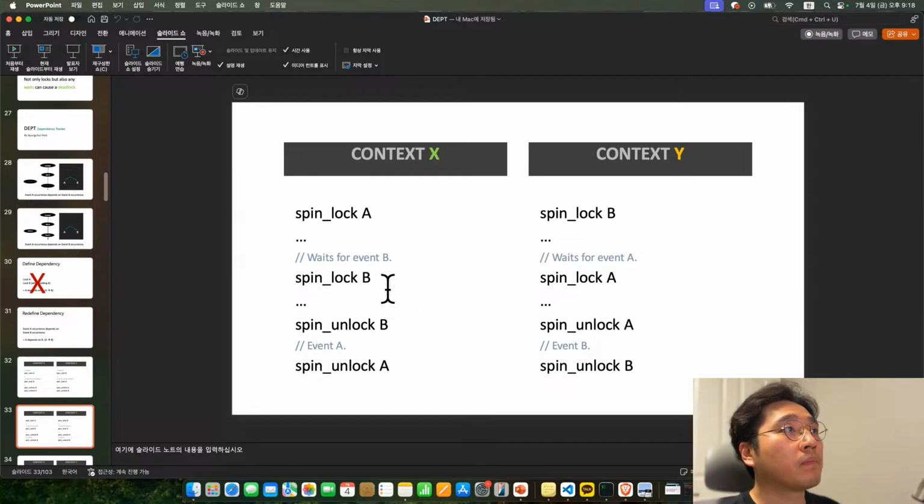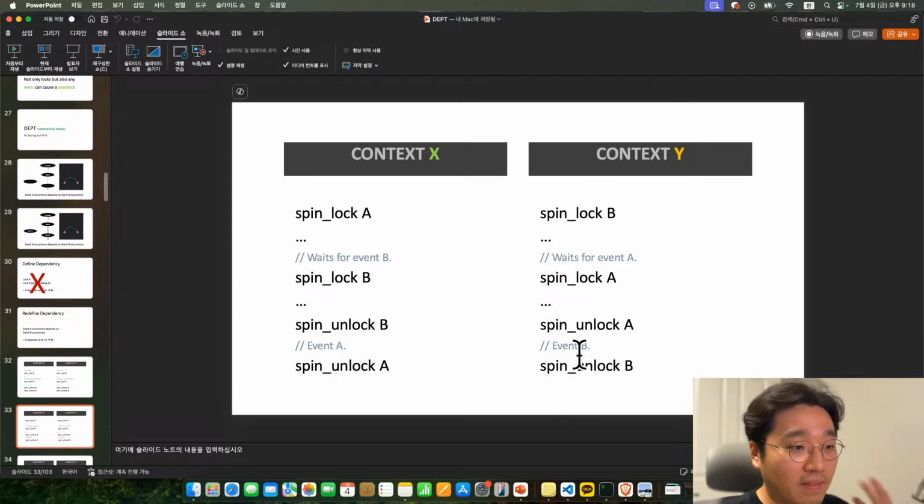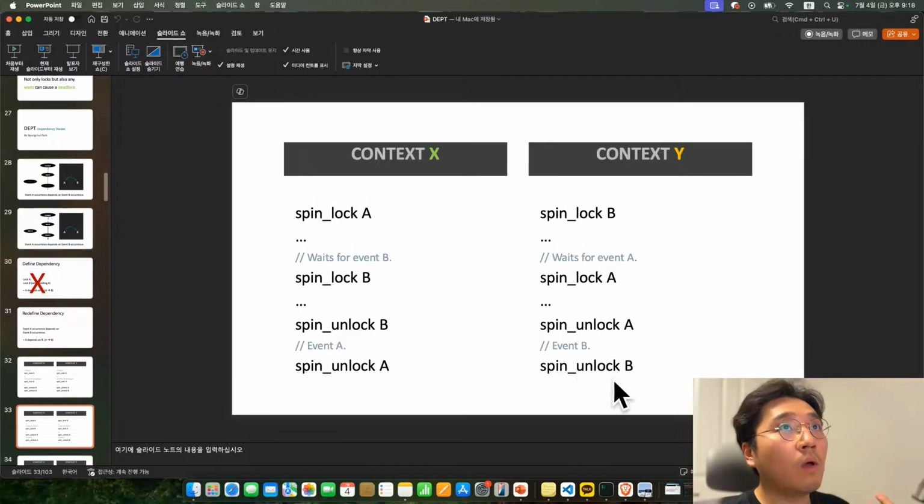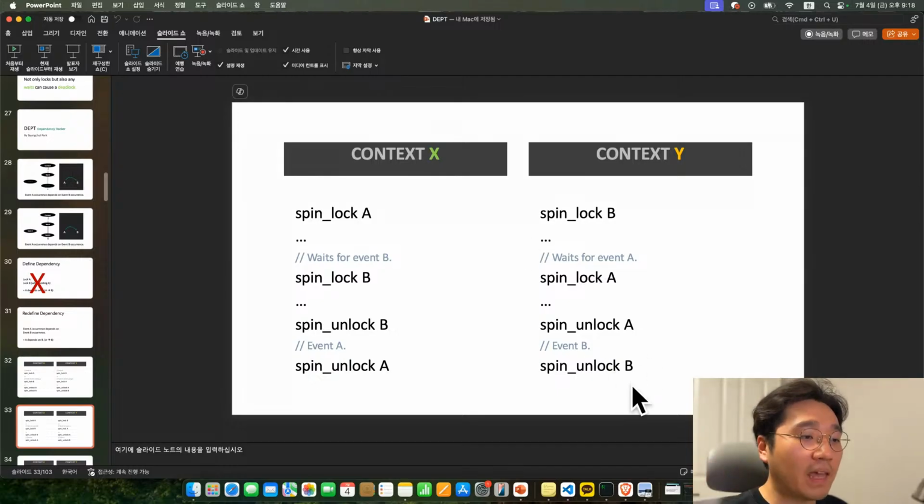So we don't need to focus on this context, but on who wants to hold the lock B; this goes to waiting for the event. We redefined unlock as an event, right? So context X wants the event that unlocks B, right?